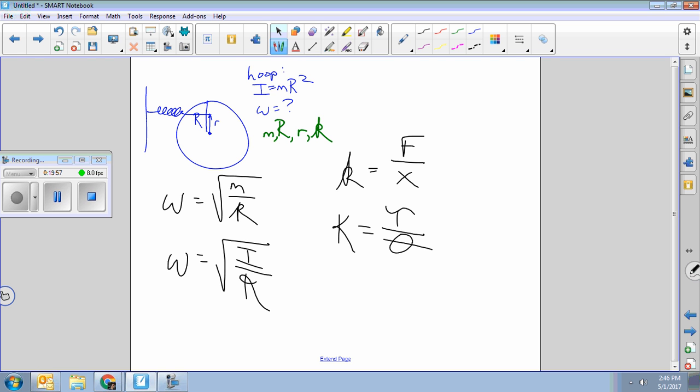All right, well, let's see if we can come up with an expression for the torque being produced. Describe to me the force that's producing the torque. It's the force of the spring, right? So this is the force of the spring times the distance we've stretched it, divided by theta.